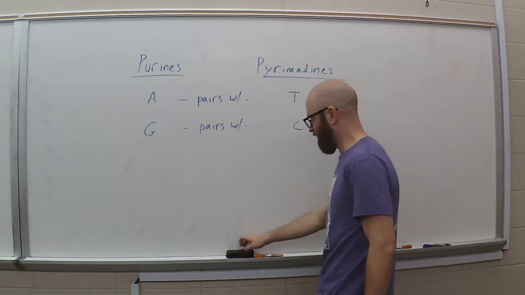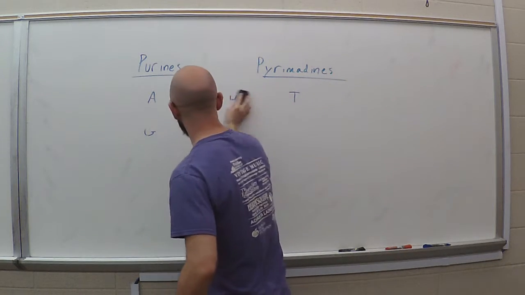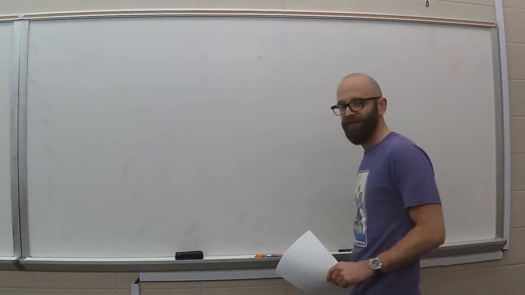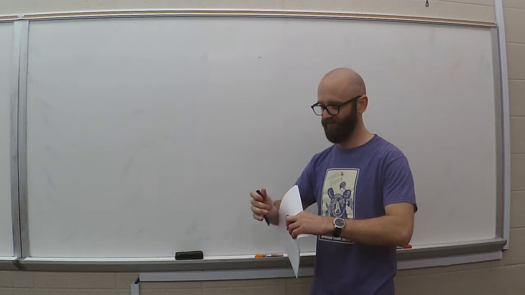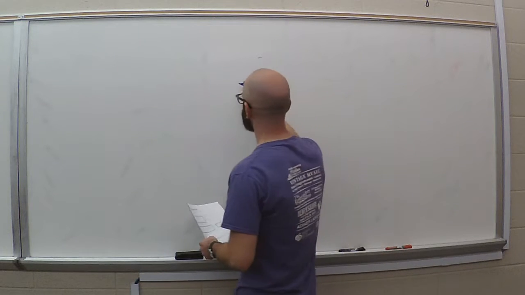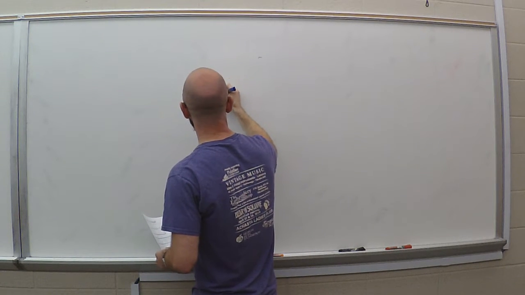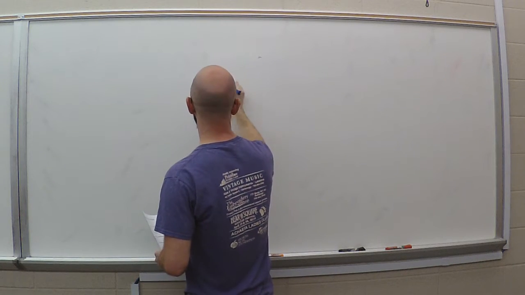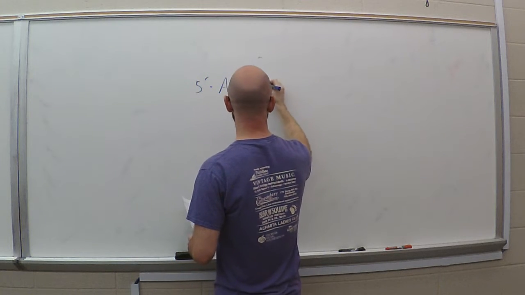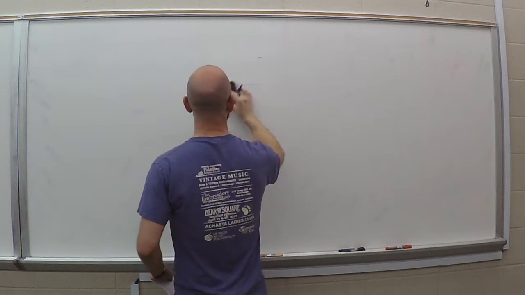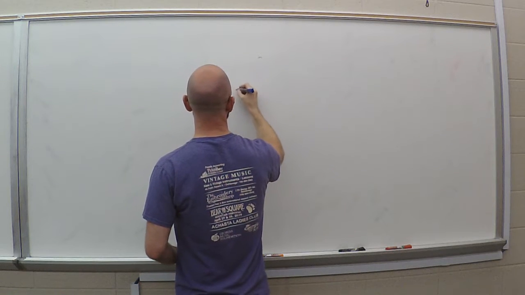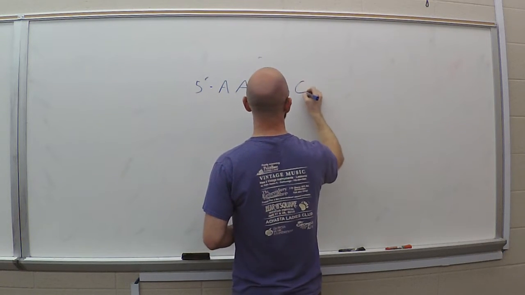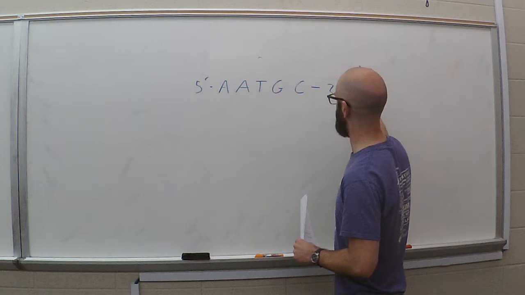And recall also, right, that there is a directionality to every DNA strand. So if you have one strand that goes 5 prime, A, T, A, T, G, C, and then at the other end it's a 3 prime.